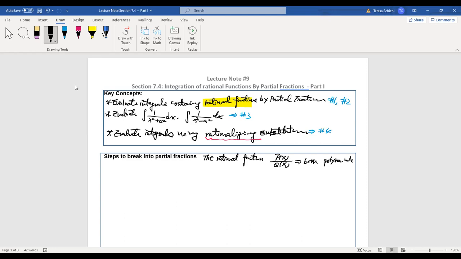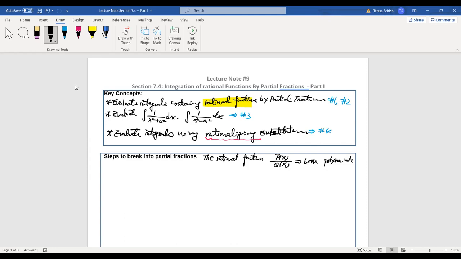The partial fractions basically means we rewrite this into a sum of several partial fractions, or rational functions. After you rewrite it, those rational functions, you know how to take the integration of.